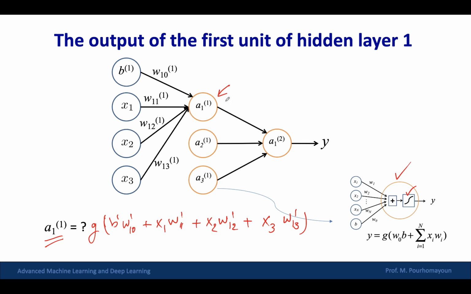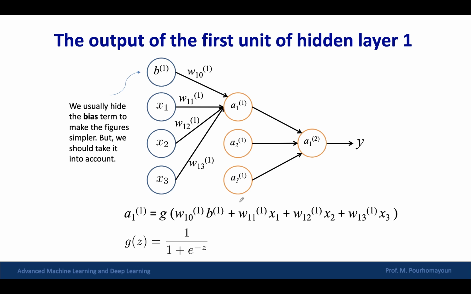So this will be the output of the value, this value right here, a11, and this output will be the input of the next layer, and so on. And the same thing for the other network neurons. So here you go. This is a11, and this is the nonlinear function that we have here.